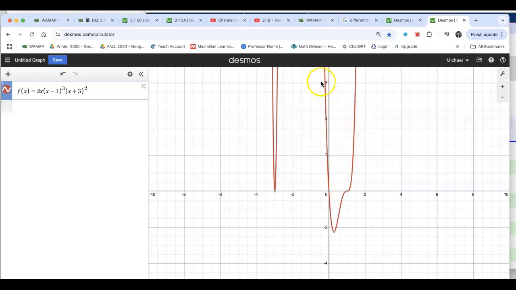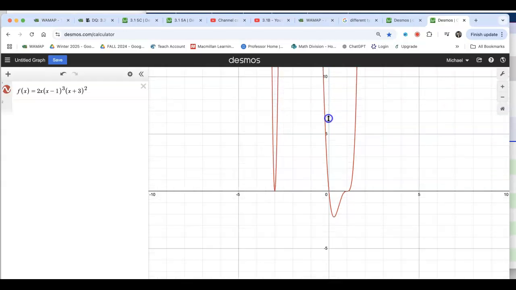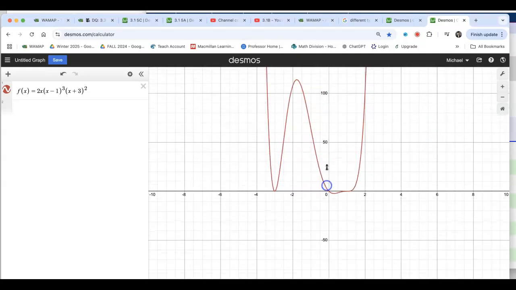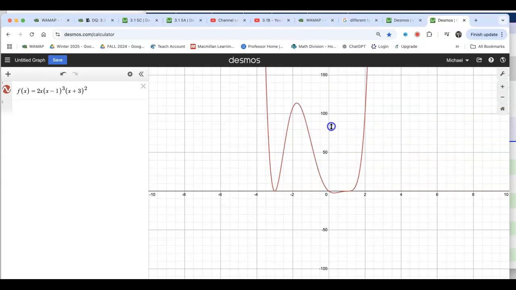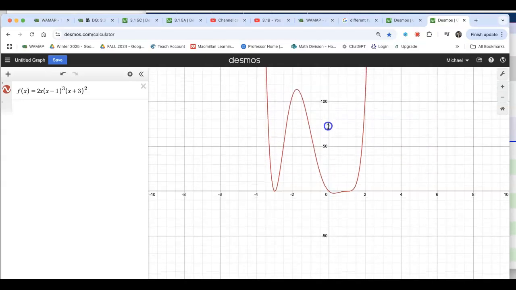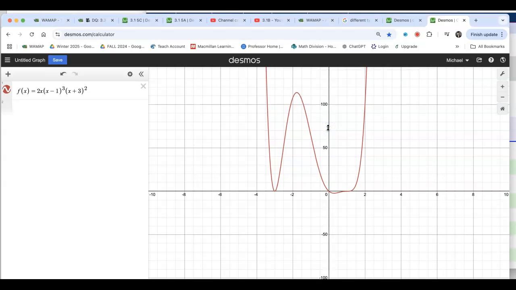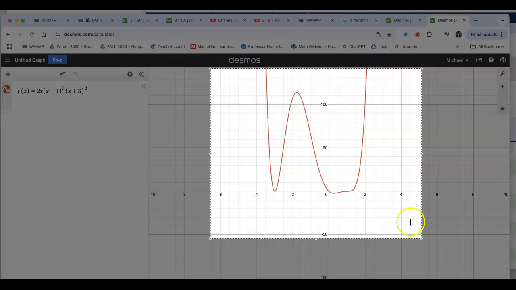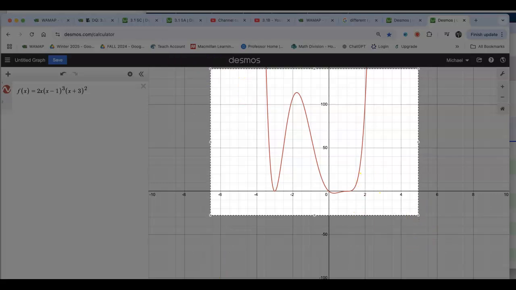So what you can do is hit shift, and you see how the axis turns blue. You can rescale it to see if your sketch looks anything like it. And you can see it kind of does, actually. Let me take a snapshot of this and bring it into our notes and see how they compare.